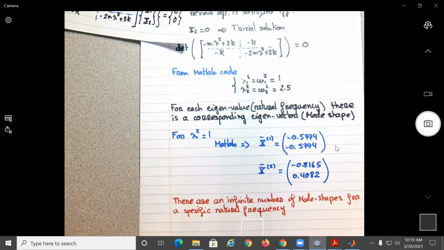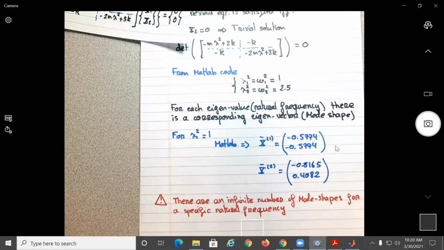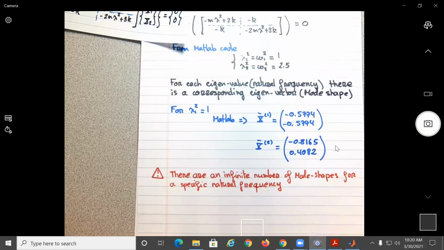Okay, so by saying that, this is important, guys, because this is an error that I see many times in many engineers, and it's just a lack of understanding. So for example, for lambda 1 squared equal to 1, this is the natural frequency of the eigenvectors.